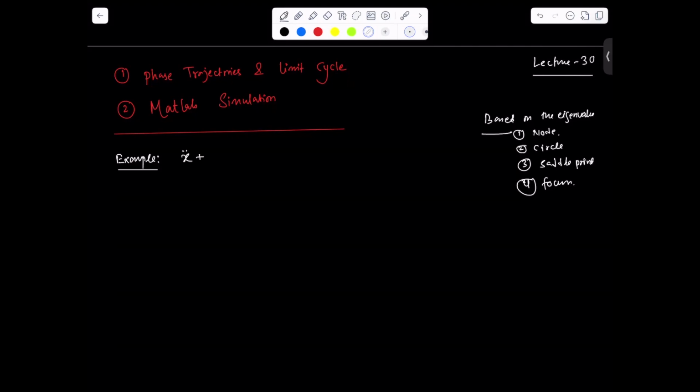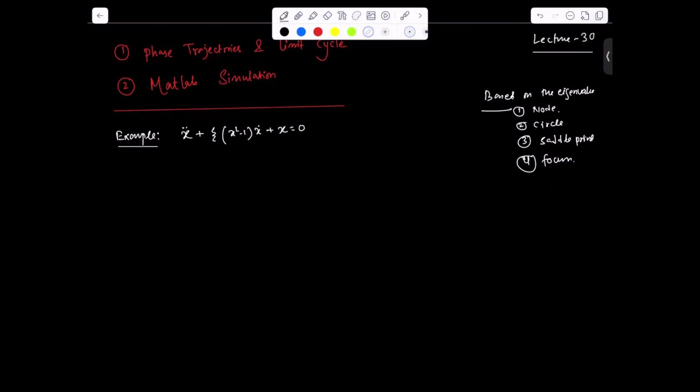x double dot plus zeta times x squared minus 1 times x dot plus x equal to 0. So this is the second order system. To study the eigenvalues problem, we can convert it into first order ODEs. We can apply a change of variables: x1 equal to x and x2 equal to x dot.